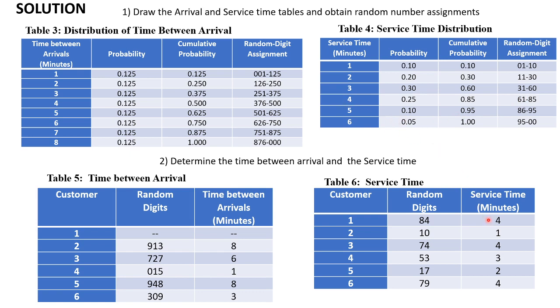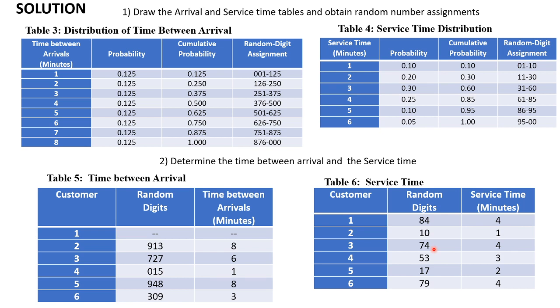So we write 4. The system takes 4 minutes to serve customer 1. Then the next digit is 10. 10 is located here, so the service time is 1. So we write the 1 here.